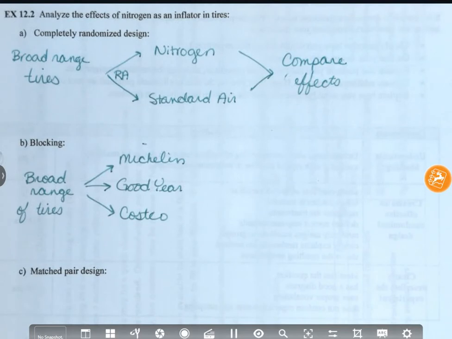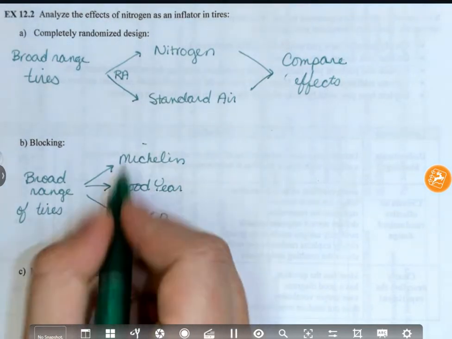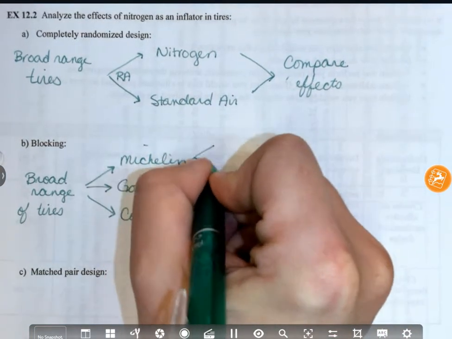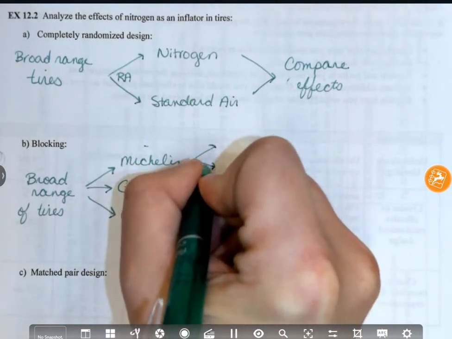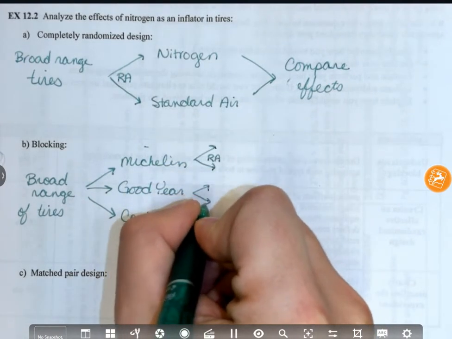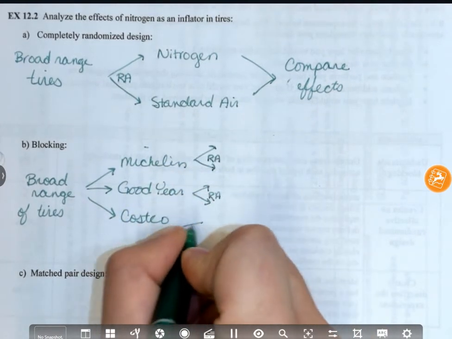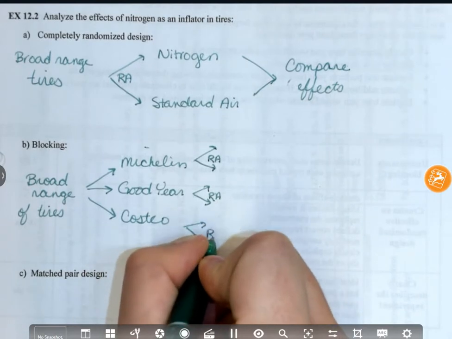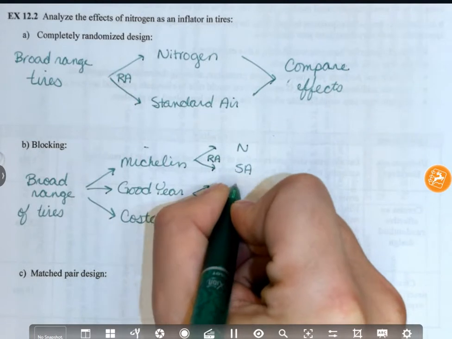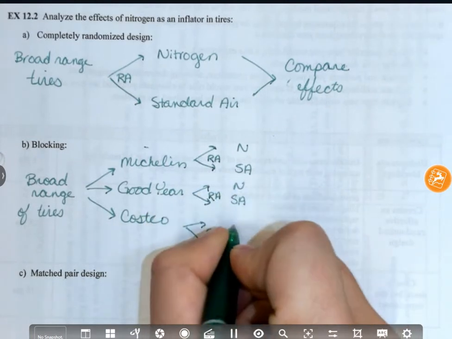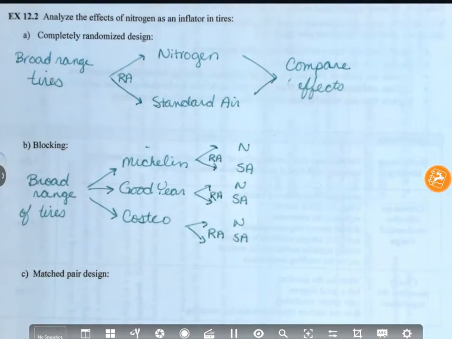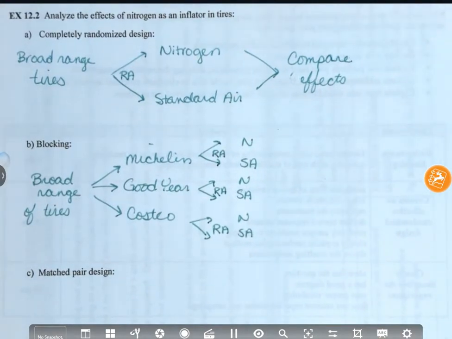So I'm going to block by brand. And then within each block, what am I going to do? I'm going to randomly assign it to nitrogen or standard air. See, I'm being lazy. Don't feel like writing it out.